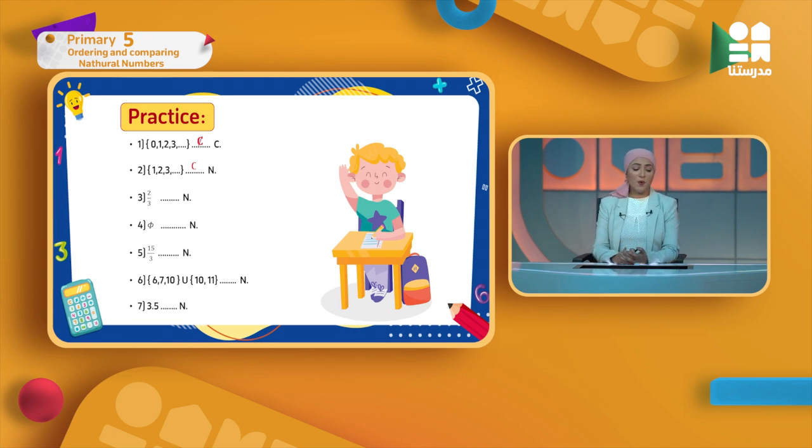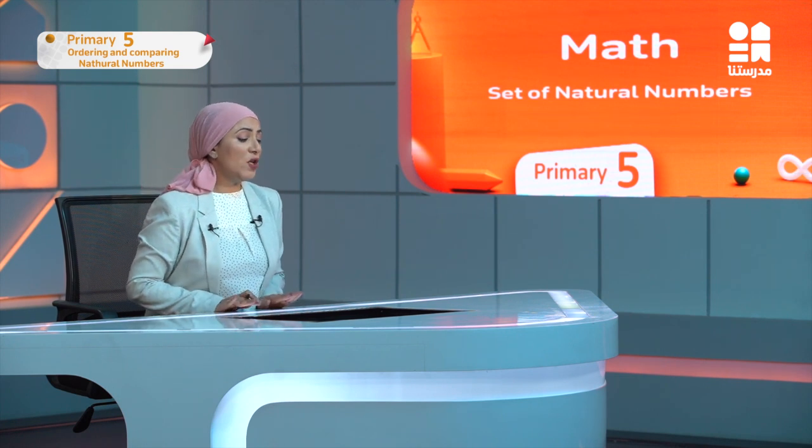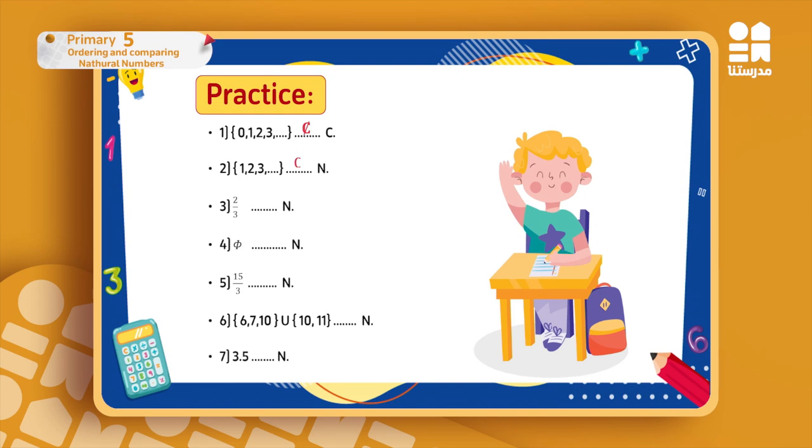Now, number 3, 2 over 3. Here, first it's an element. Then here I will use either belong to or does not belong to, because this is an element and a set. Now I need to see if it belongs or does not belong to N. Before I decide, let's first look at our fraction. Can we simplify it, or is it in its simplest form?